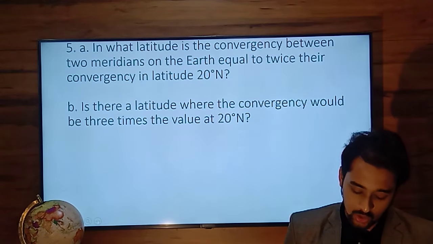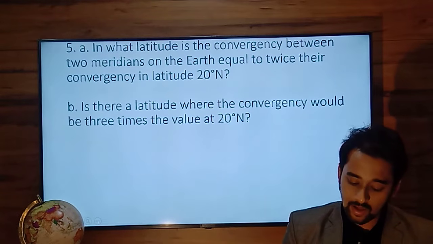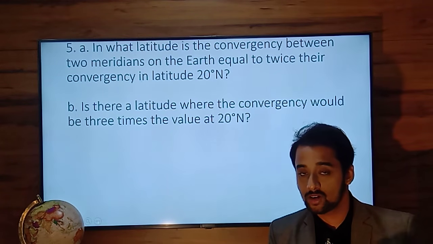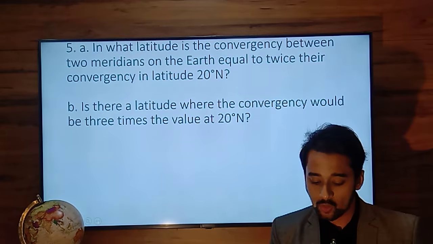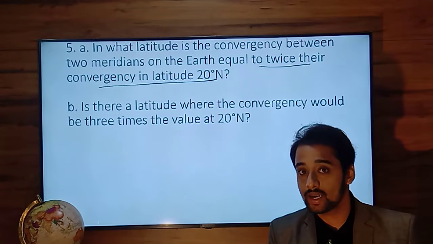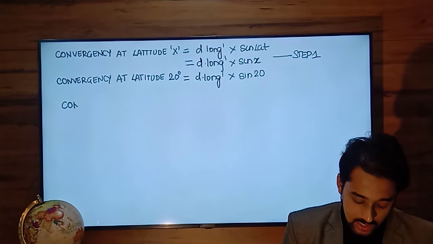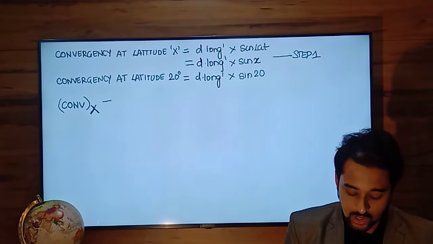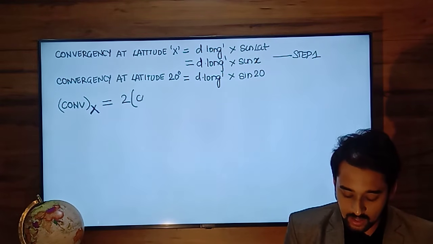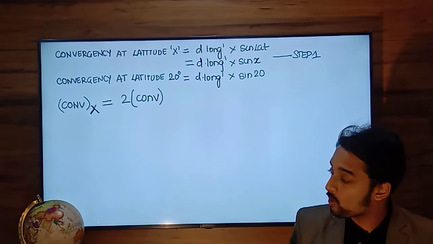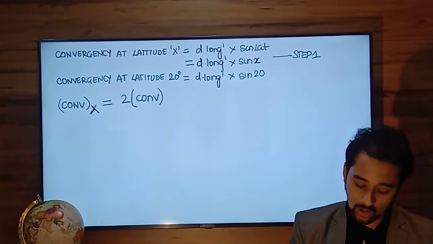Let's go back to step 2. It is given that the convergency at latitude x is twice the convergency at latitude 20 degree. So let's put that mathematically. Convergency at latitude x equals twice the convergency at latitude 20 degree north.